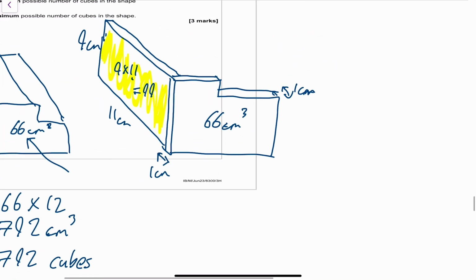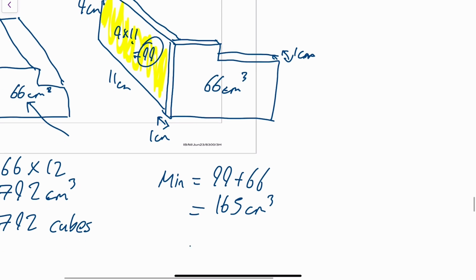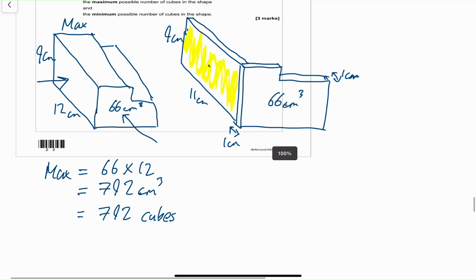So your total for this one, you've got 99 centimetres cubed plus 66 centimetres cubed. So for the minimum one, it's going to be 99 plus 66, which is 165 centimetres cubed, which is 165 of their wee cubes that they were talking about.